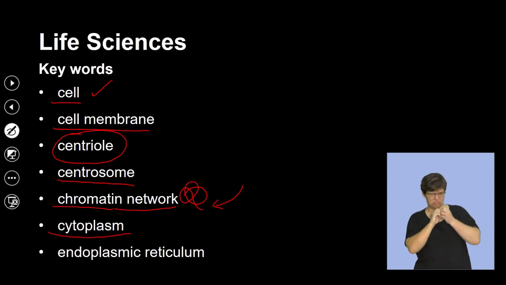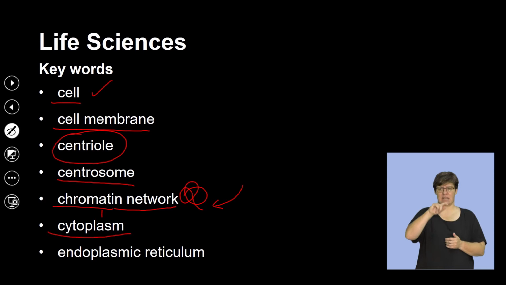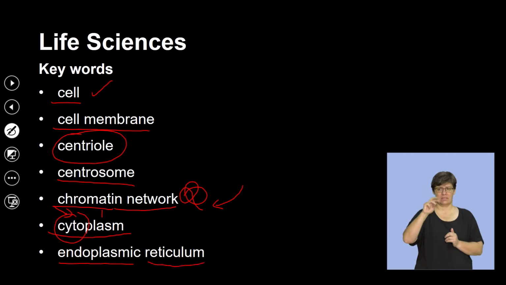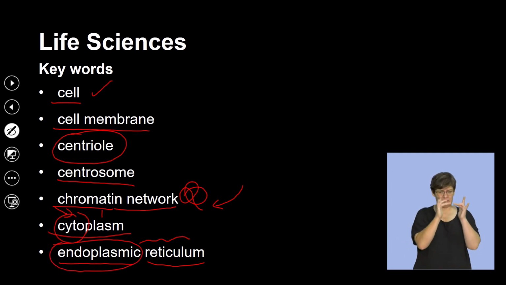The cytoplasm, the liquid part within the cell membrane. So the cytoplasm is the internal contents of the cell. We also need to look at the endoplasmic reticulum, this maze of folds of connective structures that connect the nucleus to the rest of the cell.